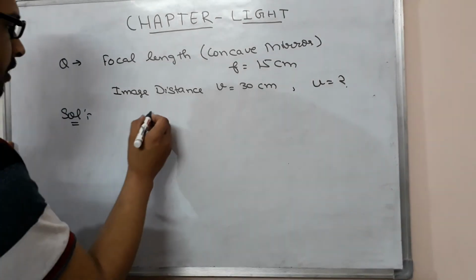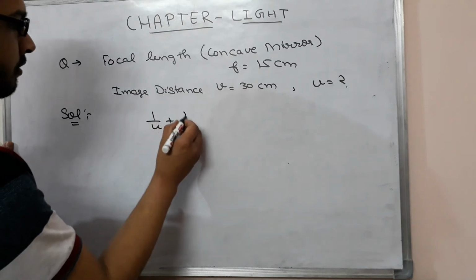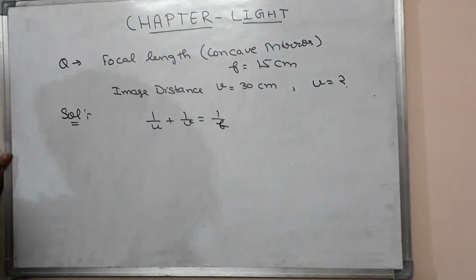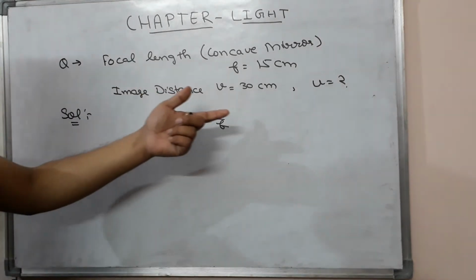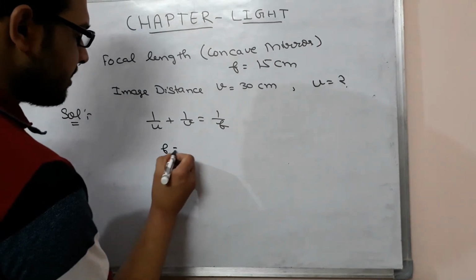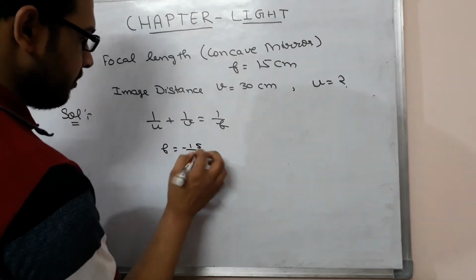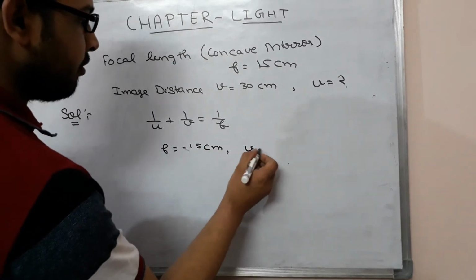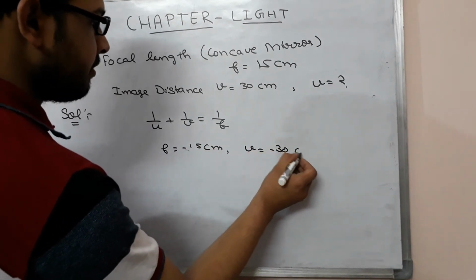So applying the mirror formula, we know that in the case of concave mirror the focal length is negative, so we will have f is equal to minus 15 centimeter and v is equal to minus 30 centimeter.